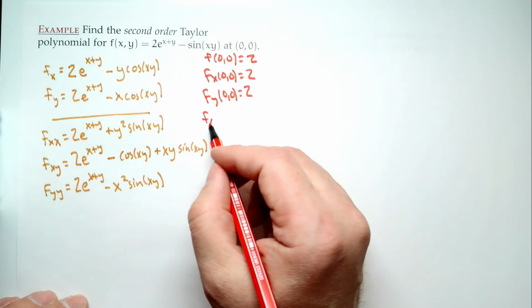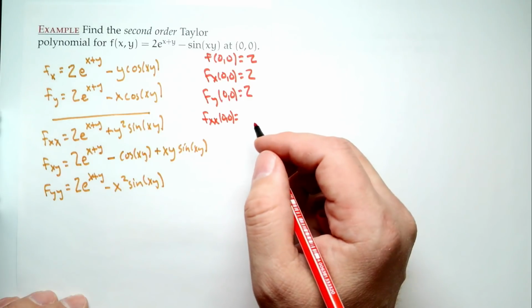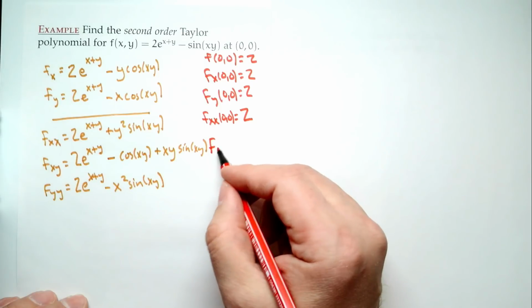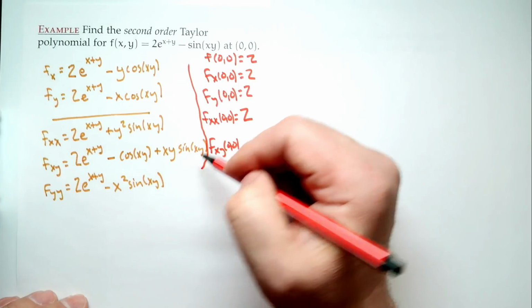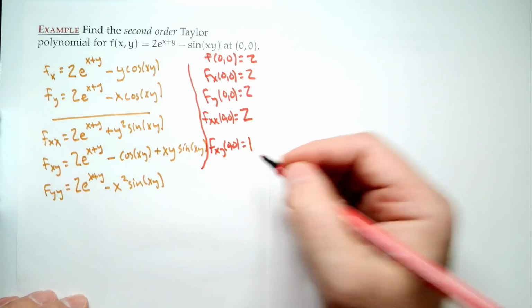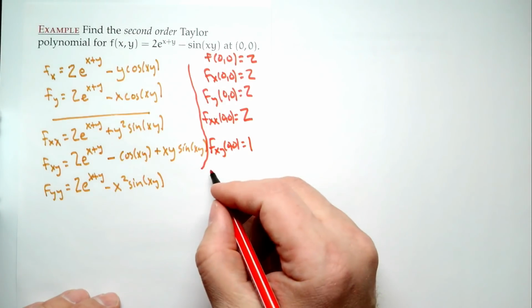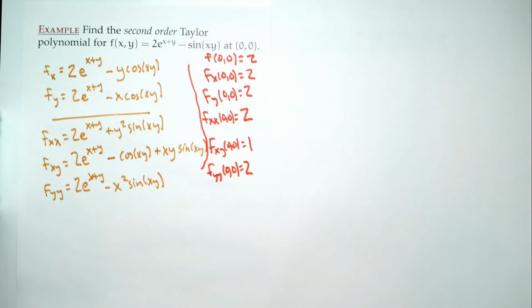F sub xx at 0, 0 will be 2. The whole 2 and nothing but the 2. F sub xy at 0, 0 will be, oh good, there's some variety, 1. Yes? Because cosine of 0 is 1. F sub yy at 0, 0 will be 2.